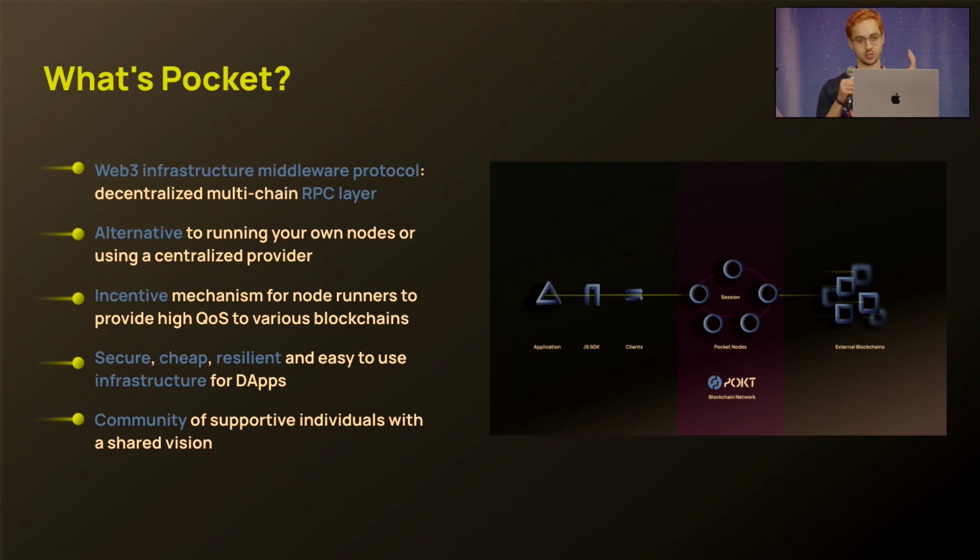So whether you're working with Ethereum or Solana, we match you with a node that supports that blockchain, forward your request, and get your response. Ultimately, what that means is you get a decentralized, secure service, regardless of whatever protocol you're building your app on. Even more importantly, and I'll touch on this in a moment, is the incentive mechanism that we have for node runners to be Pocket validators, as well as run full nodes of other blockchains in the crypto ecosystem.